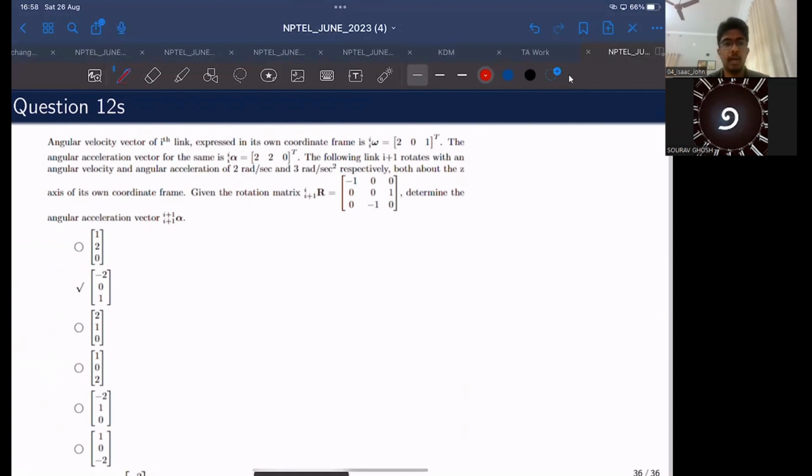But again, you will have to understand the concepts. It's not mandatory that you go with some textbooks in rigid body dynamics. If you can derive this equation on your own with some logic, it should be fine. It should get you through deriving the propagation equations, the forward propagation and the backward propagation.